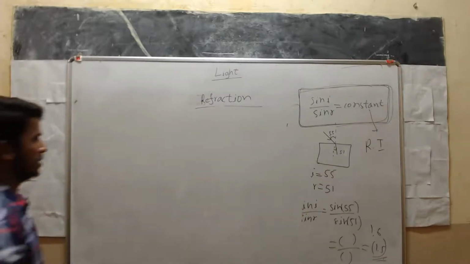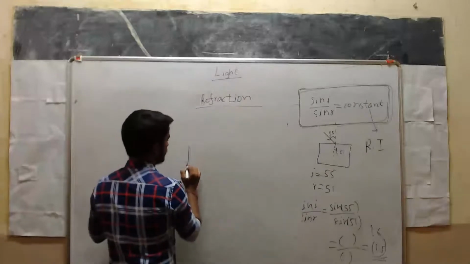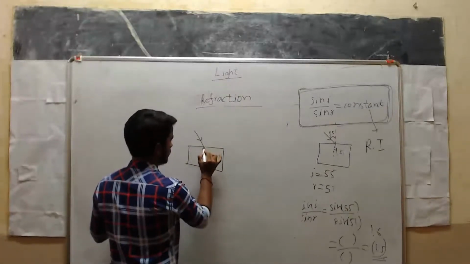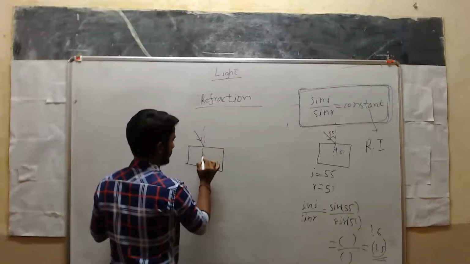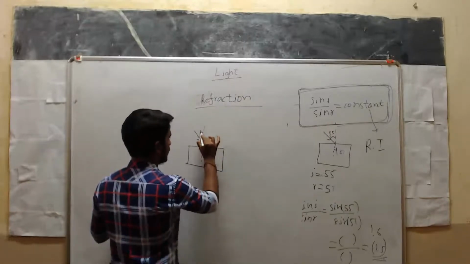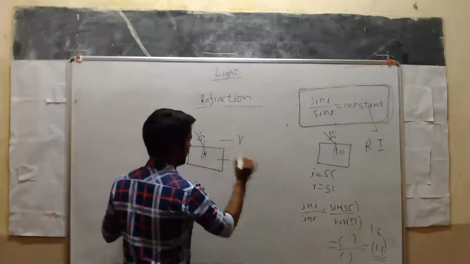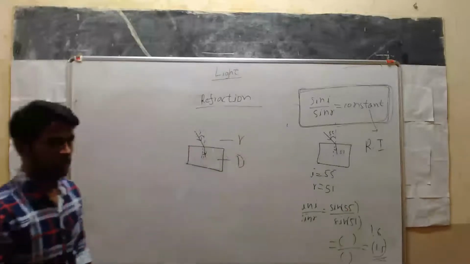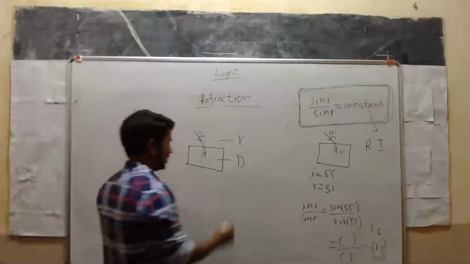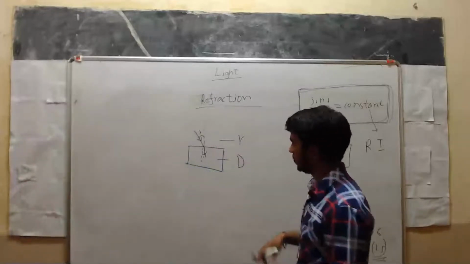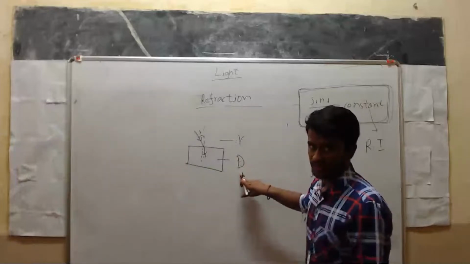And the last thing, just imagine here. This is the rarer medium. This is the denser medium. Now I am passing a ray of light from the rarer medium to the denser medium.